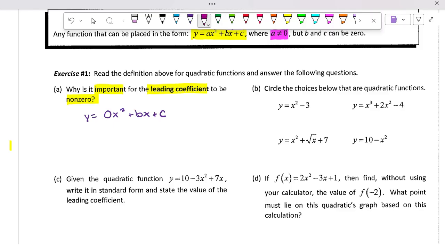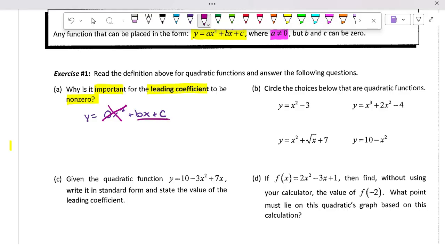So if the x squared is gone, that means we'd be left with the bx plus c. Well, is that a quadratic function? No. So what was said about being equal to 1, the degree would then be equal to 1, not 2. Remember, a quadratic function has to be equal to 2. The degree has to be equal to 2. The highest exponent has to be a 2. If it's a 1, it's what type of function? Linear.